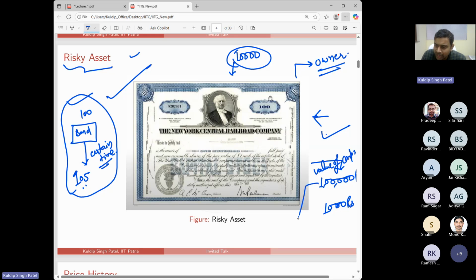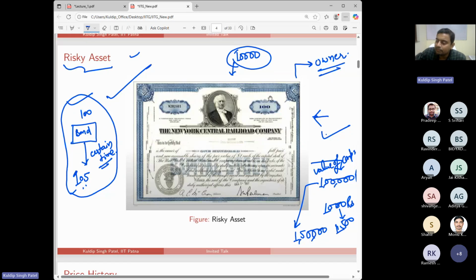Next year, the value of the company became 1,50,000. What will be your 1,000? 1,500. That's it, right? So this is simple mathematics, no complex calculations.